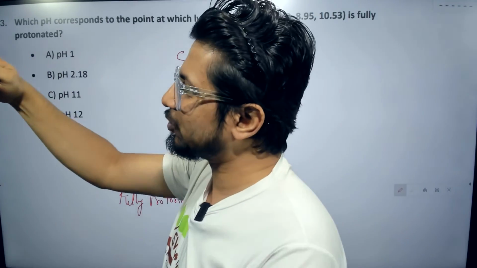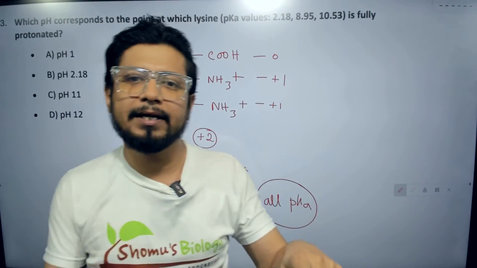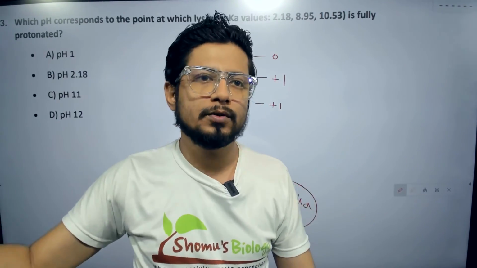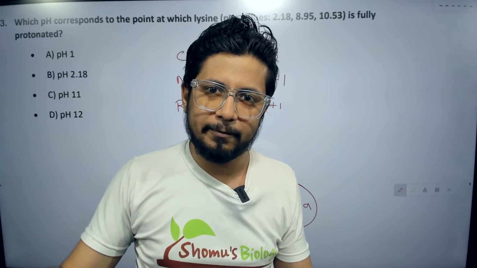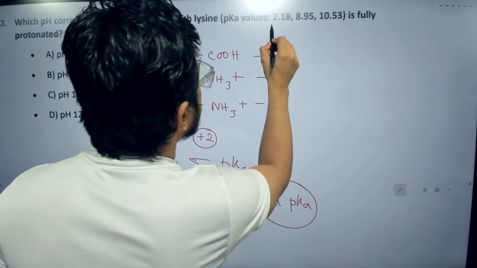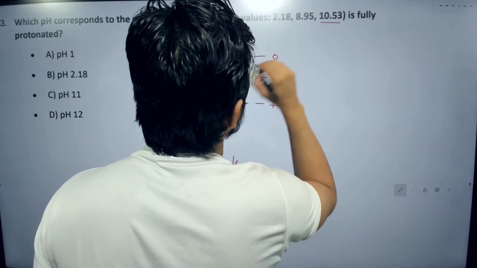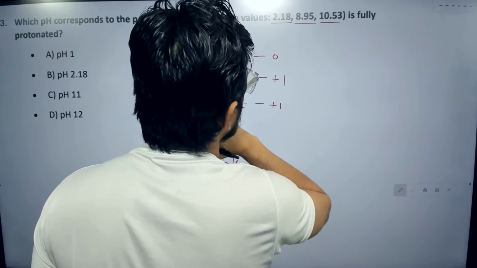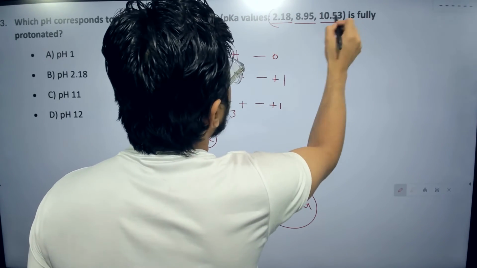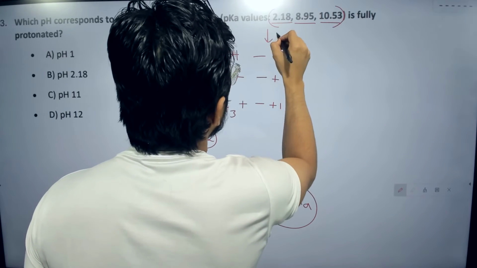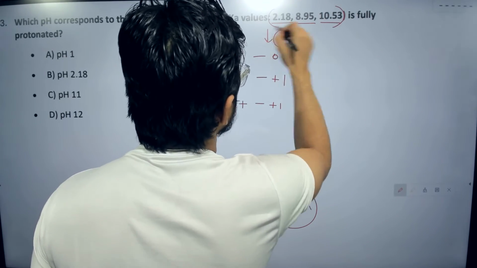So pH value should be lower than all the pKs, then only all the separate groups will be protonated. So the pH must be lower than 10.53, lower than 8.95, lower than 2.18. So pH here, the value should be less than 2.18.